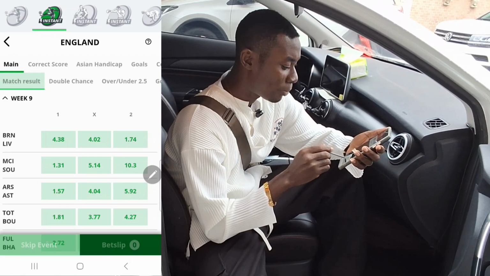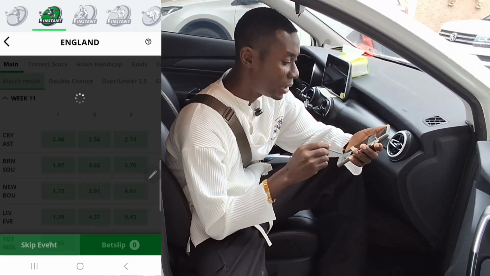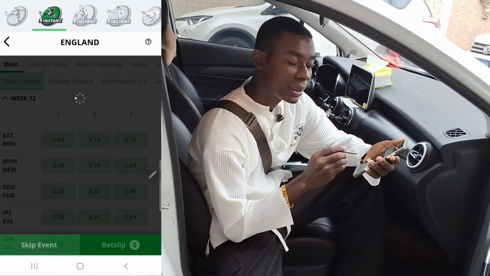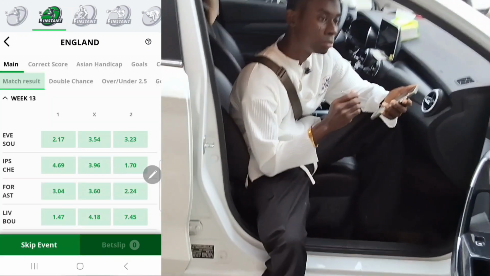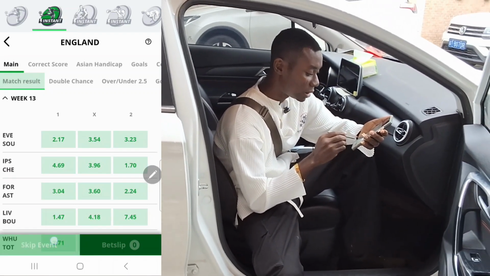Now, some of you might find this skipping part very time consuming, and then want to keep trading and trading.